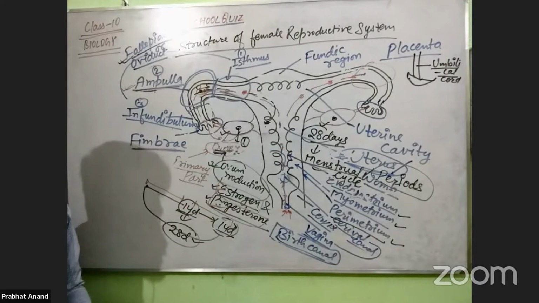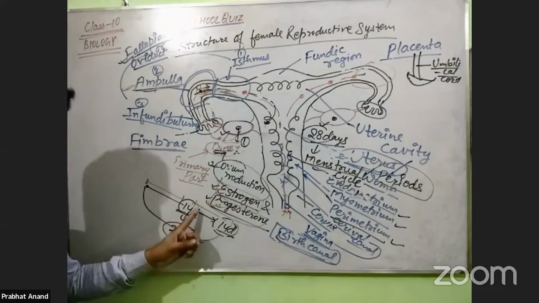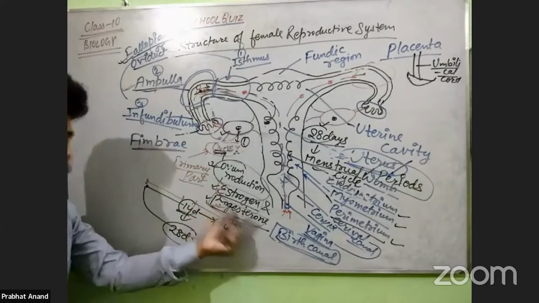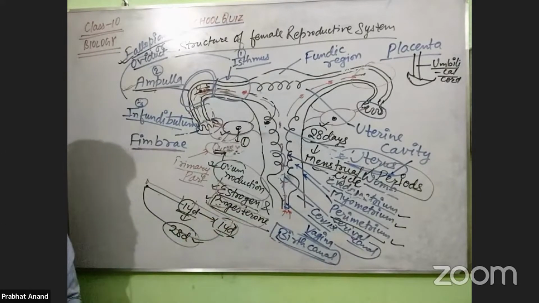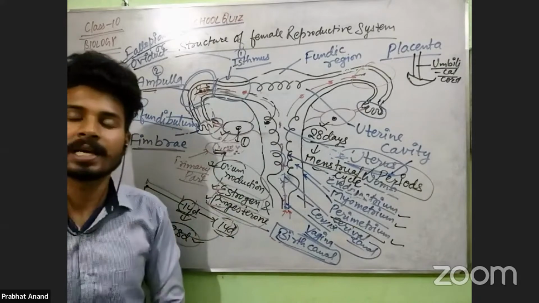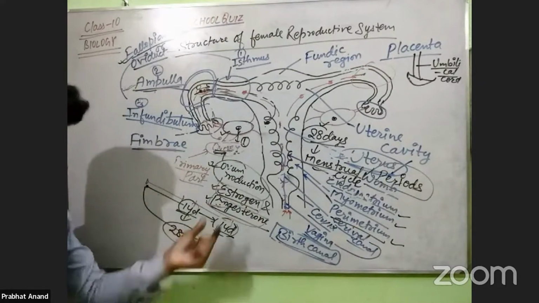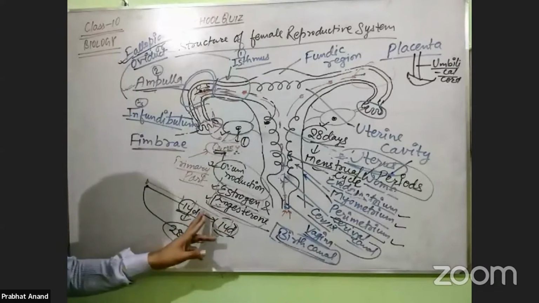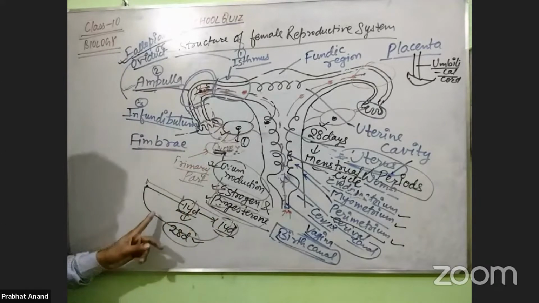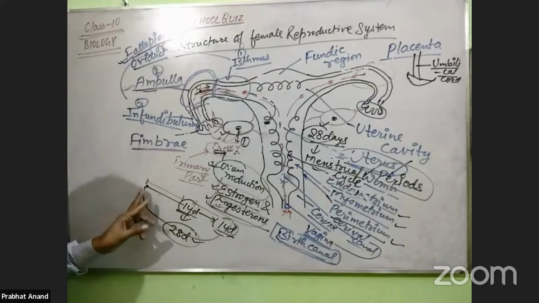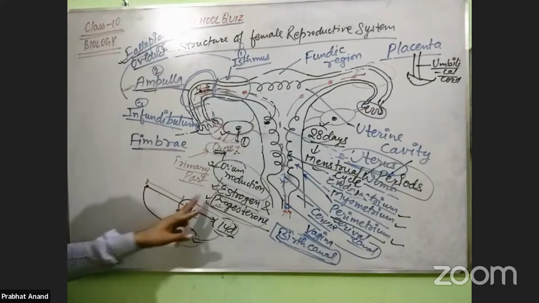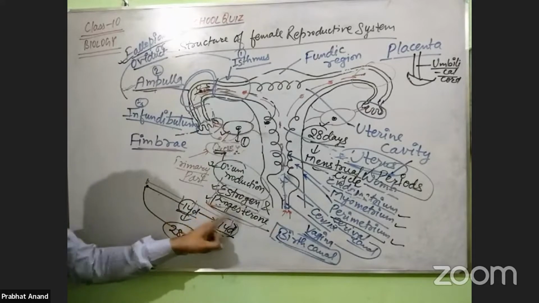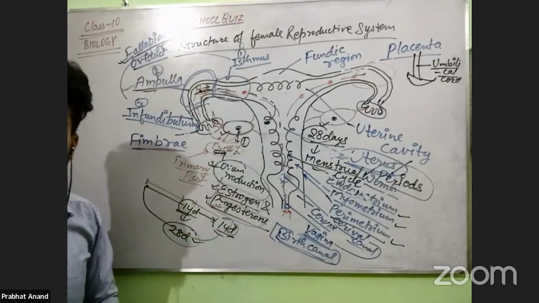Since the ovary loses its cell, for the maintenance of the ovary the progesterone hormone is secreted, and that part we will be studying in the higher classes. Please keep in mind that in the first 14 days the estrogen secretion is high, and after the 14 days the progesterone hormone secretion is high.